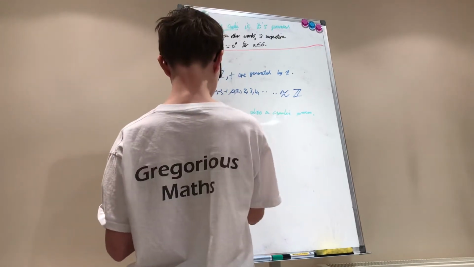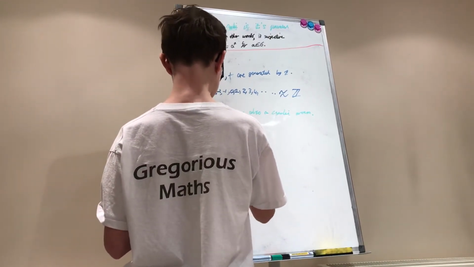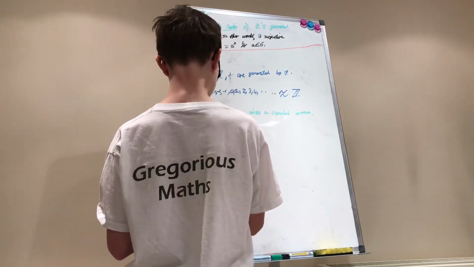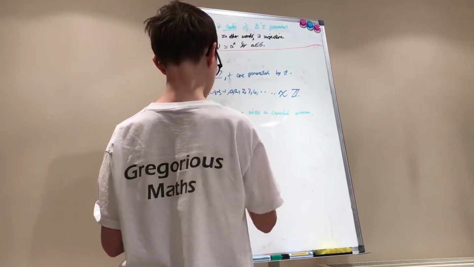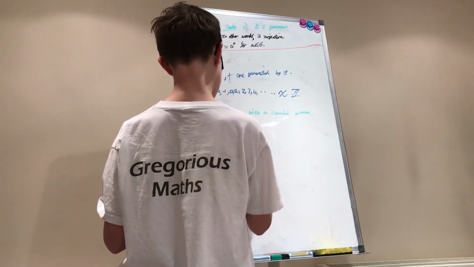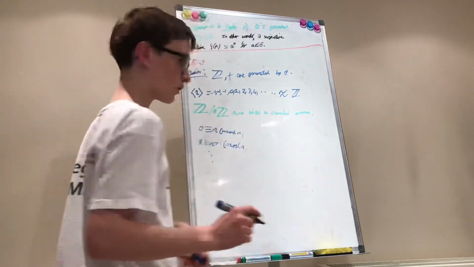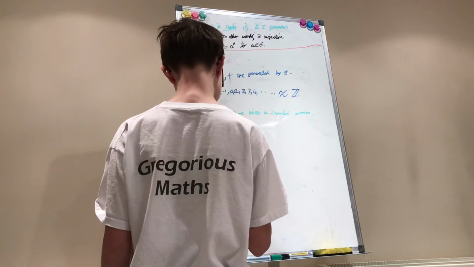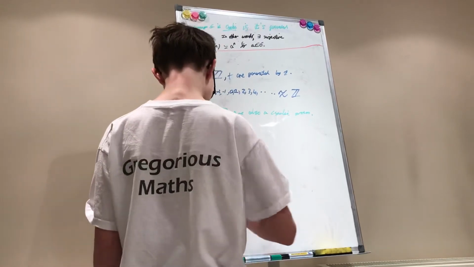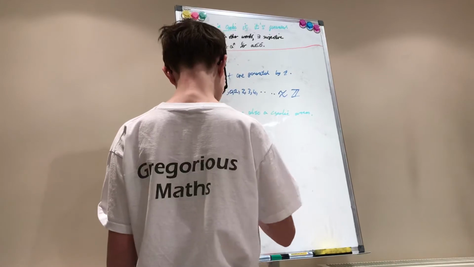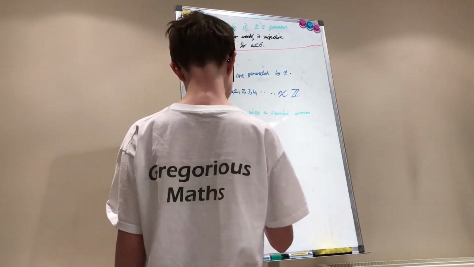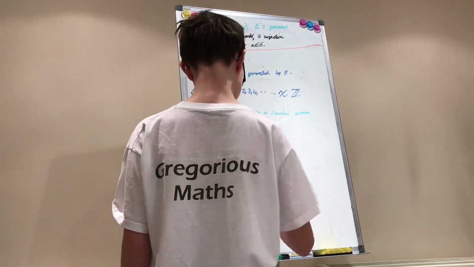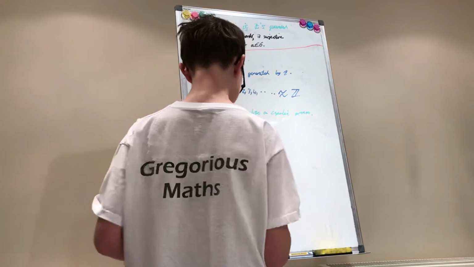So 0 is congruent to n mod n. 1 is congruent to n plus 1 mod n. We can carry on doing this up until n minus 1 is congruent to n plus n minus 1 mod n.